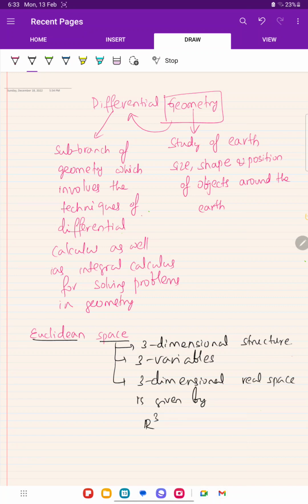R3 is equal to the set of all three-tuples (a, b, c) such that a, b, c belong to the set of real numbers. Here it is noted that the real numbers, elements of the real line, are sometimes called scalars.